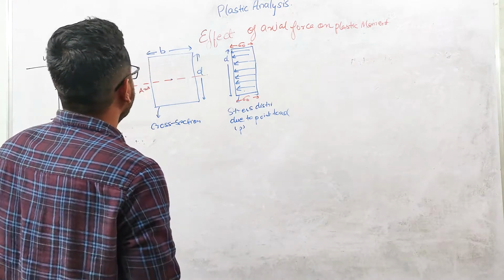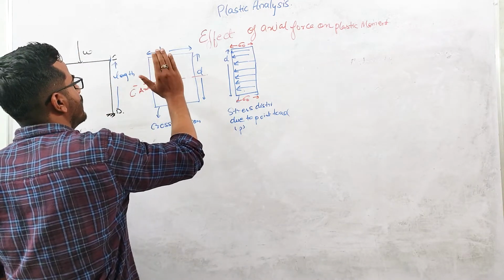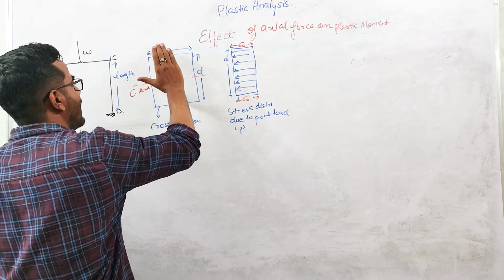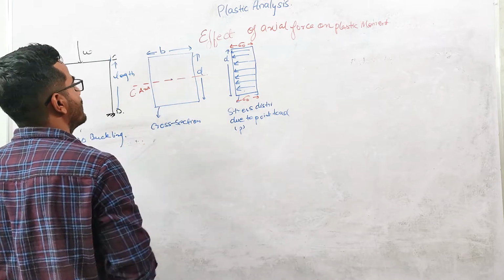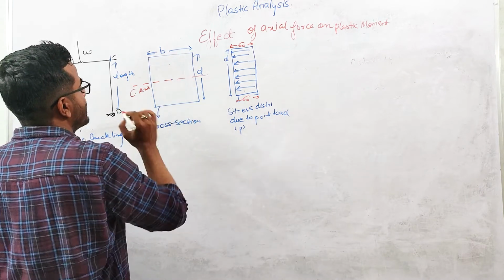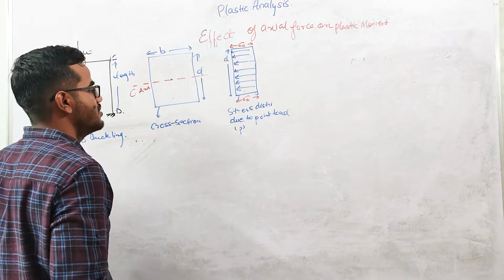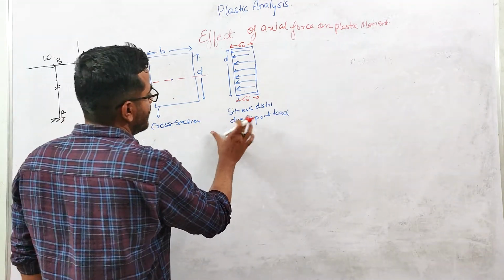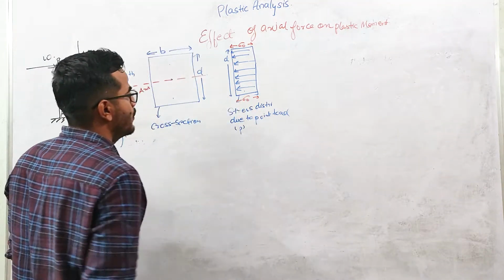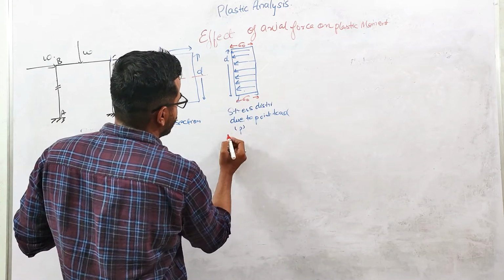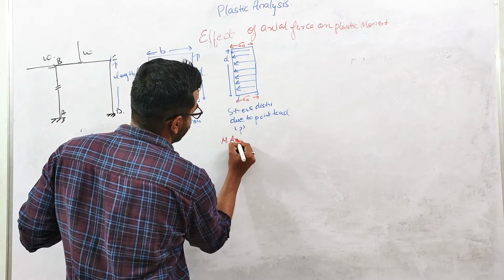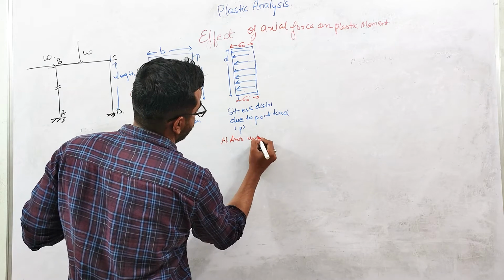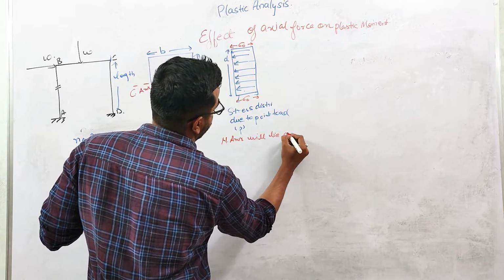If you apply the moment along the centroidal axis, the upper portion will be in compression and the bottom portion will be in tension. This is the stress distribution due to point load, and the neutral axis will lie at infinity.